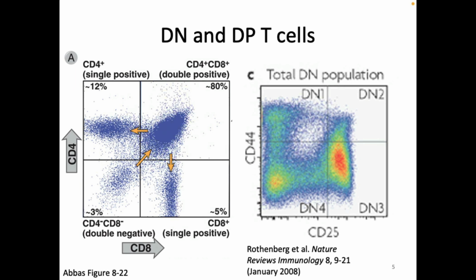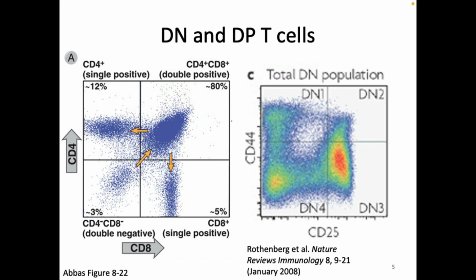And we find that those developing T cells in the thymus can fall into 4 different populations based on flow cytometry staining. When we're doing this flow cytometry staining, we're using either CD8 and CD4. So we'll have CD8 on one axis, CD4 on the other axis.